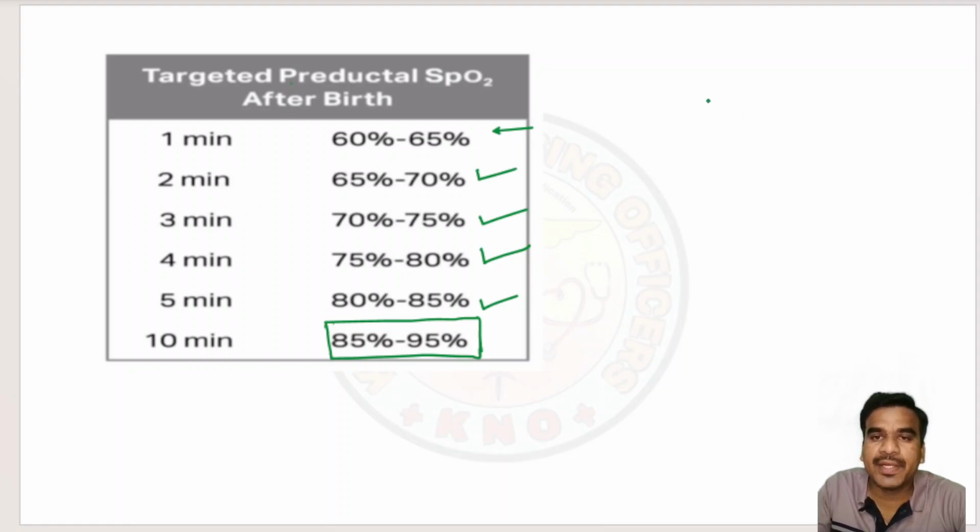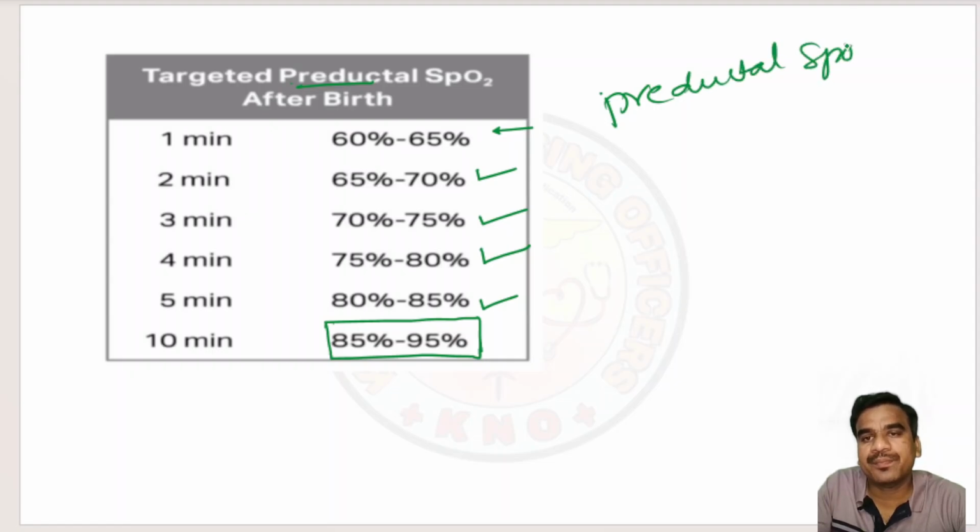So what is pre-ductal? It is before the ductus arteriosus. The blood reaching before the ductus arteriosus is called the pre-ductal stage. Pre-ductal SpO2 is assessed in the right hand.